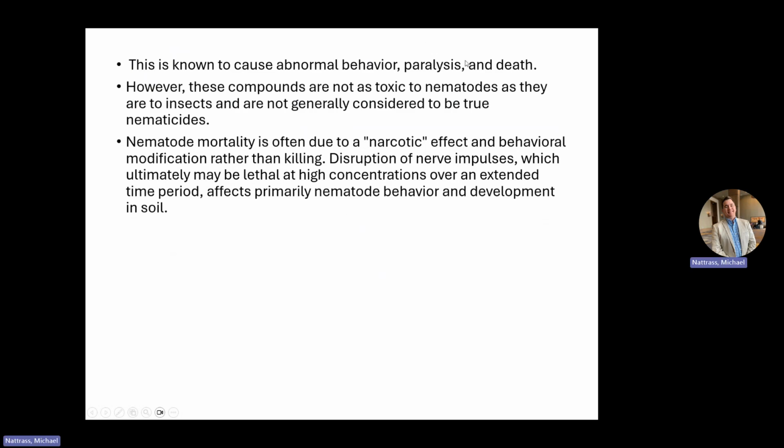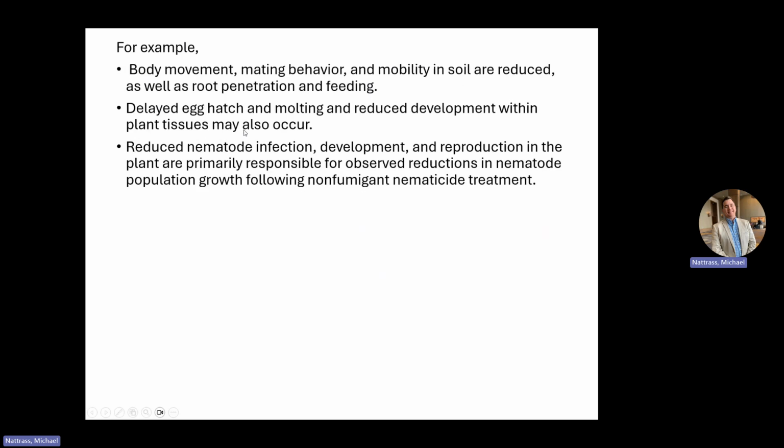Abnormal behavior, paralysis, and ultimately death. So they're probably more for insects, but they also do have some narcotic effect and behavioral modification. We're going to disrupt those nerve impulses at high concentrations. They pretty much just shake themselves to death.